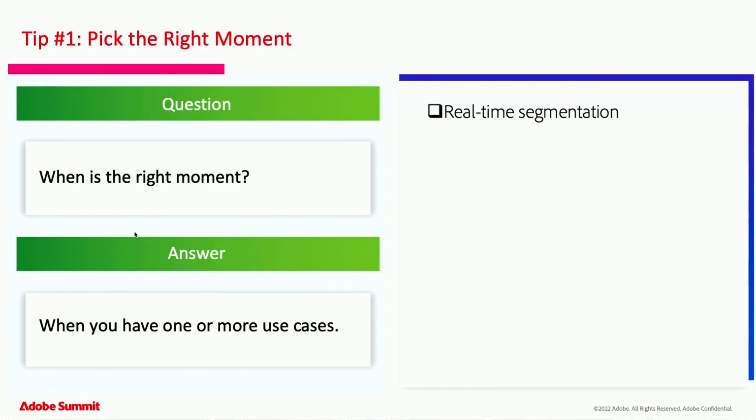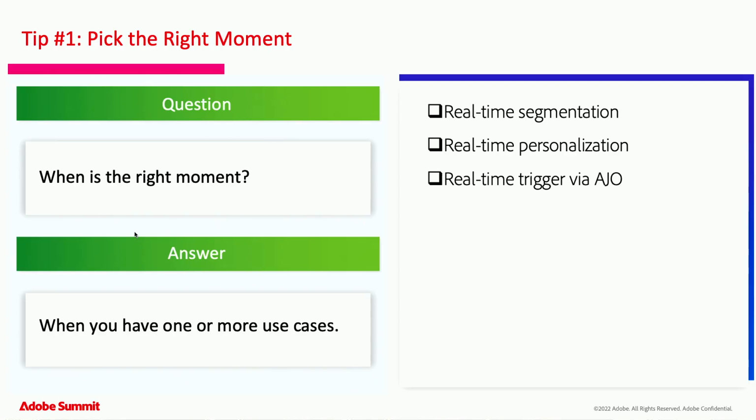So you've combined your behavioral data with your CRM data. Those audiences can be on the edge and ready to be deployed in personalization activities on your pages. That's real-time segmentation and real-time personalization at the same time.